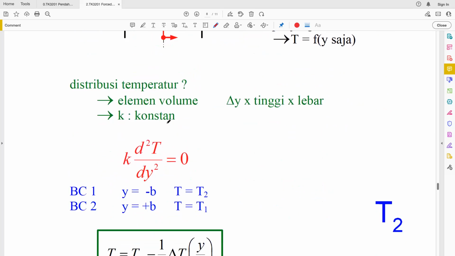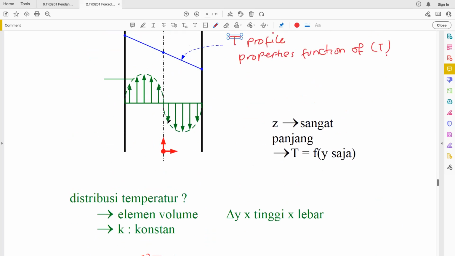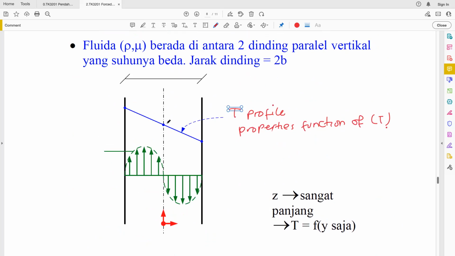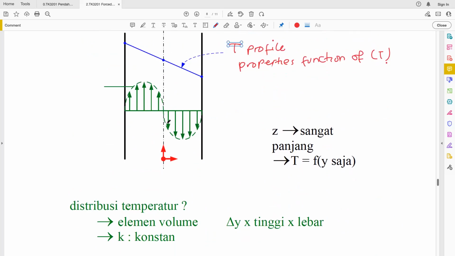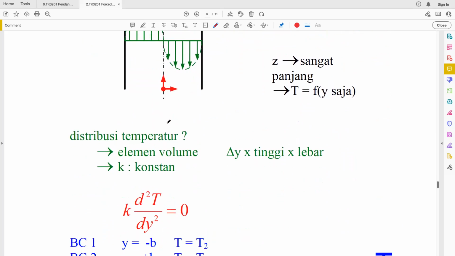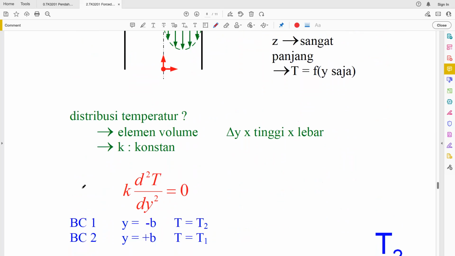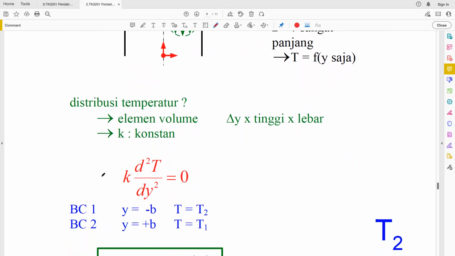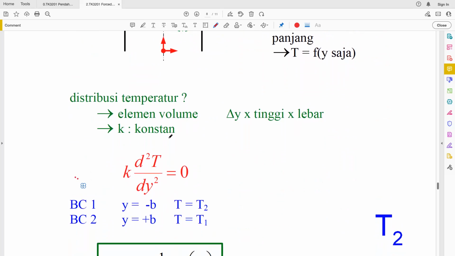So because of that, for example, let's see again the distribution of temperature first here. This is the volume element, and K is a constant. You can try to use the energy balance, and then you add the Fourier equation, and then you get this equation, okay, for conduction between two parallel plates.